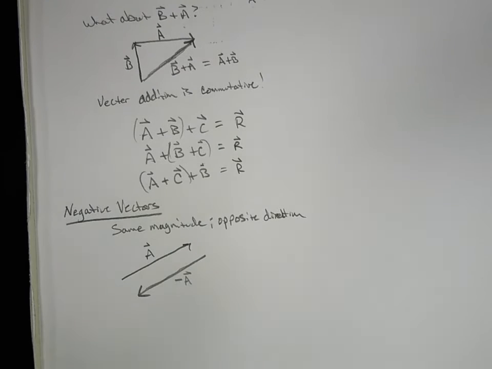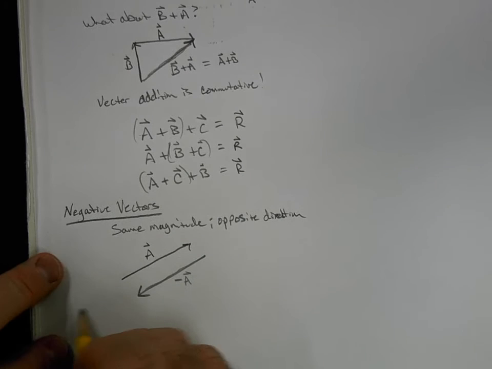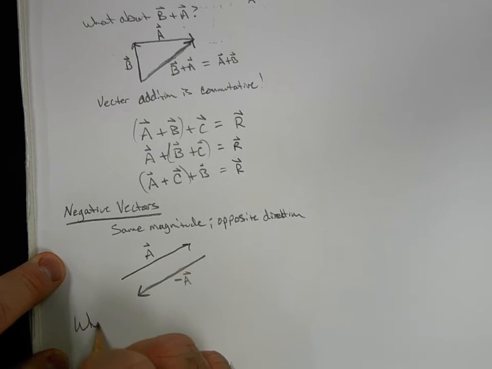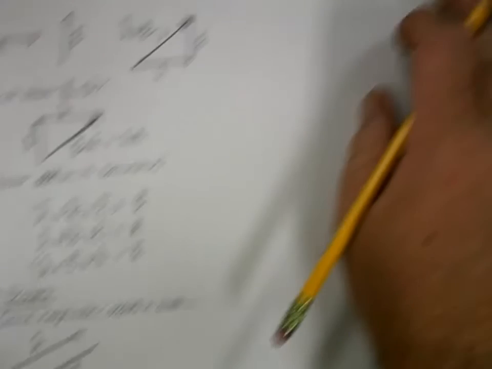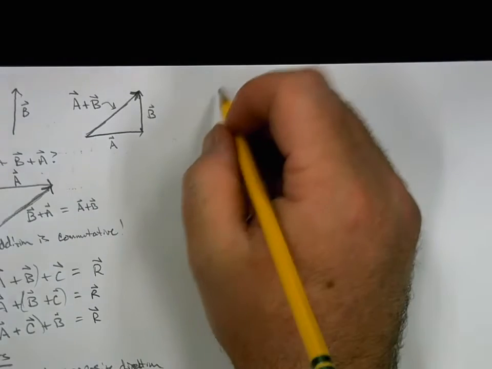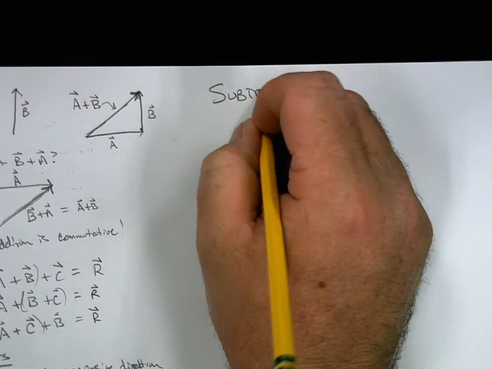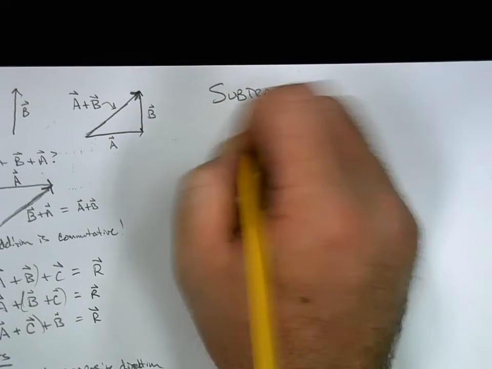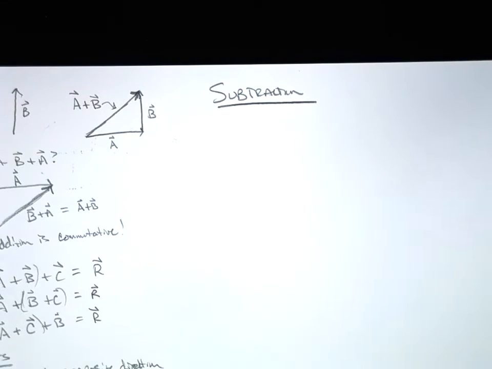Why are we even worried about this? Because we have subtraction. I'm sure you know it's coming: if we add vectors, then we also have to be able to subtract vectors.